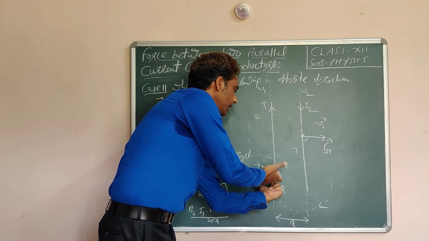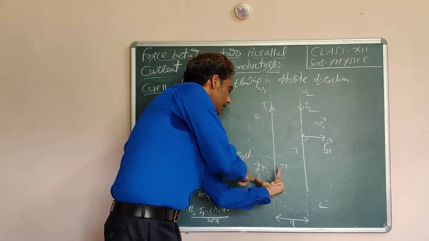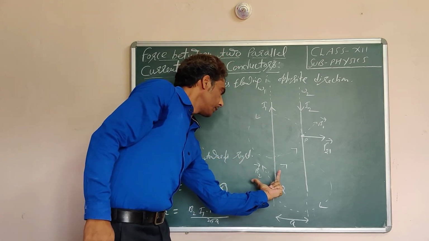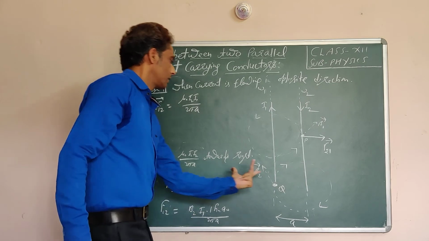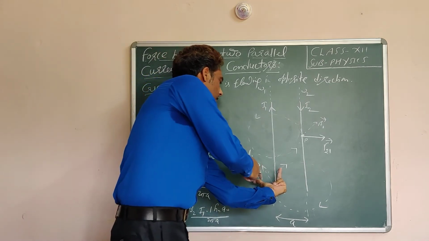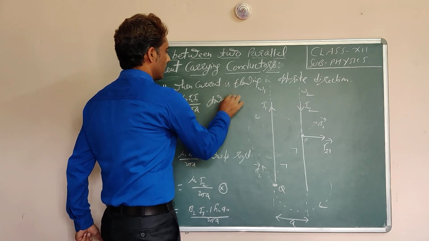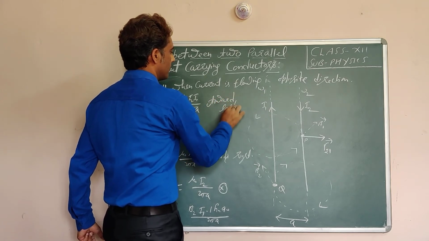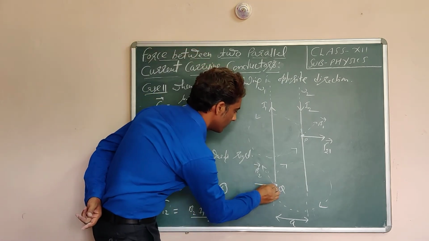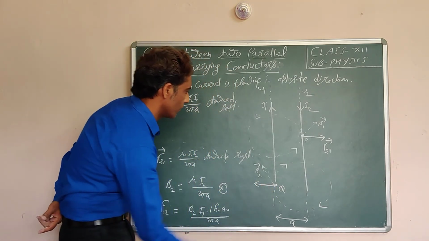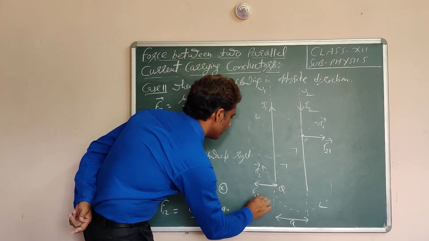This central finger points in the direction of current I1. Then thumb represents the direction of force, and this thumb is directed toward left. So the direction of force is toward left, and this is F12.